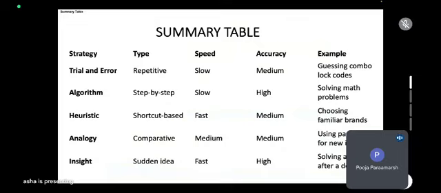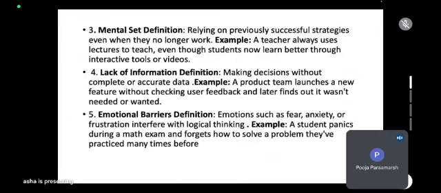Then impediments, or barriers which hinder us in solving a problem. In that I spoke about confirmation bias, then functional fixation. Then comes mental set. What is your mental set? How do you see a problem? Lack of information. Then emotional barriers.